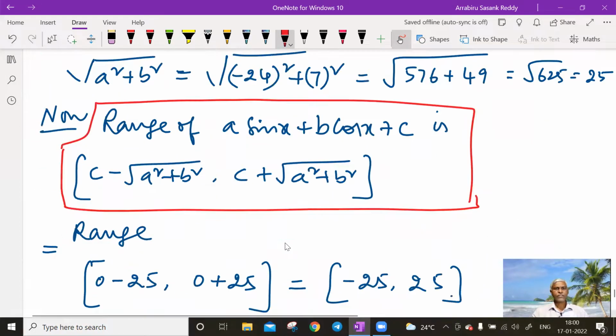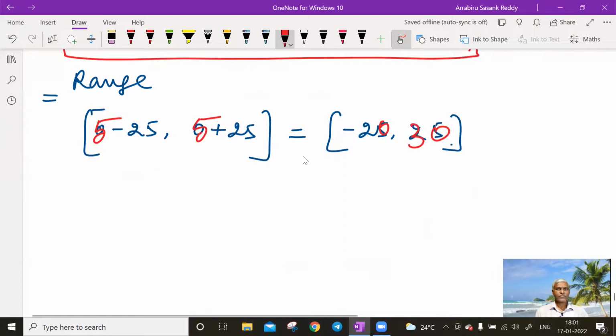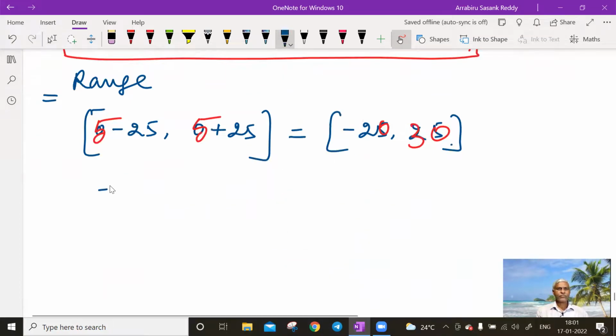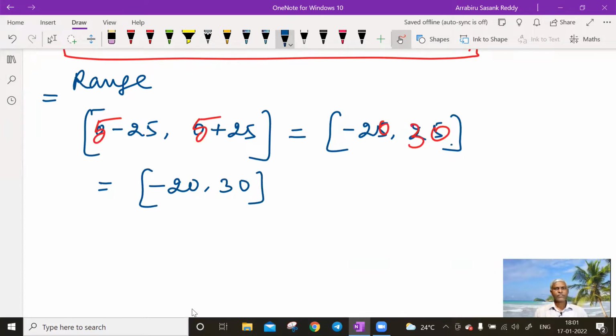Here 5 minus 25, 5 plus 25. 5 minus 25 is minus 20, 5 plus 25 is 30. So the range is minus 20 to 30.